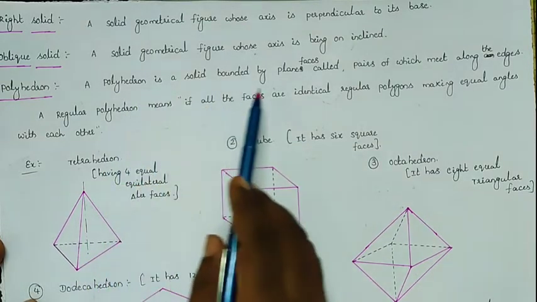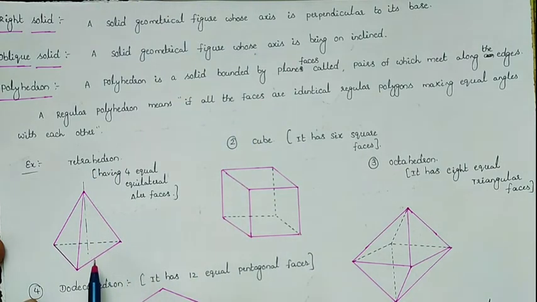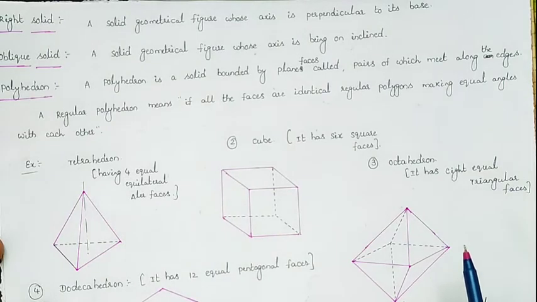A solid which is bounded by plane faces, and pairs of which meet along the edges, is said to be a polyhedron. Sometimes they refer to the regular polyhedron.